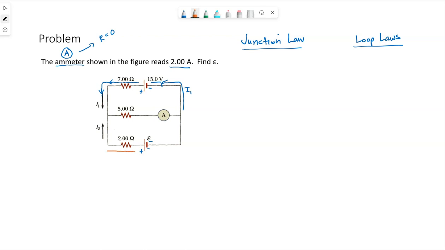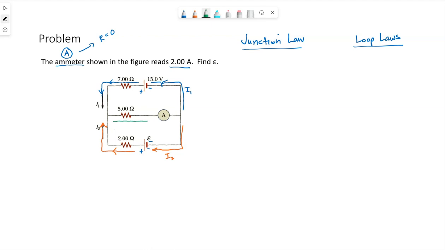Similarly, the I2 that is drawn here had to have come out of the positive end of that bottom battery, which means it would have flowed into the negative end. With the directions they've given us for I1 and I2, they're both flowing towards this junction right here.